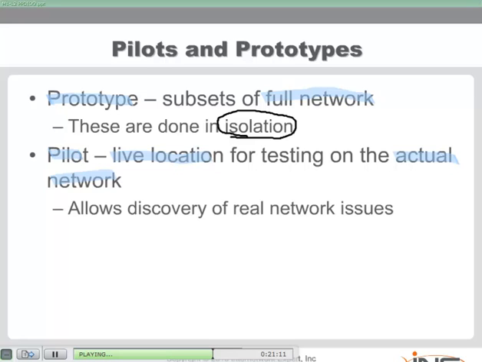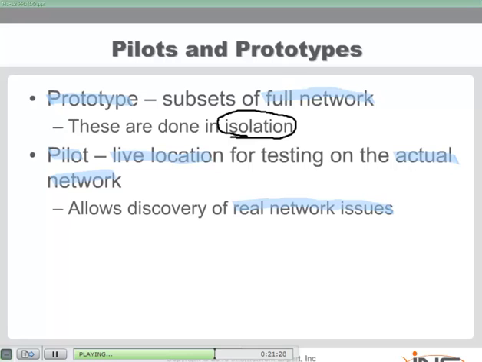What is the beauty of the pilot? Well, because the pilot is a live location in the actual network, you're going to potentially come across real network issues.